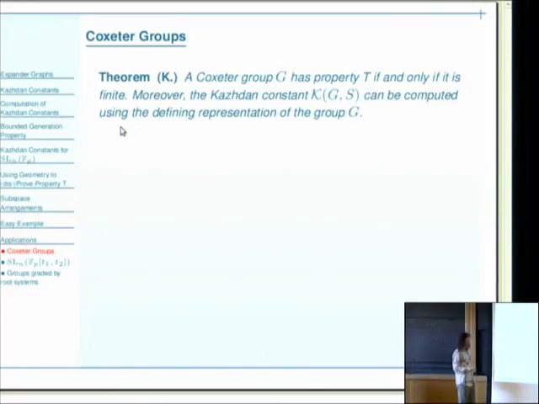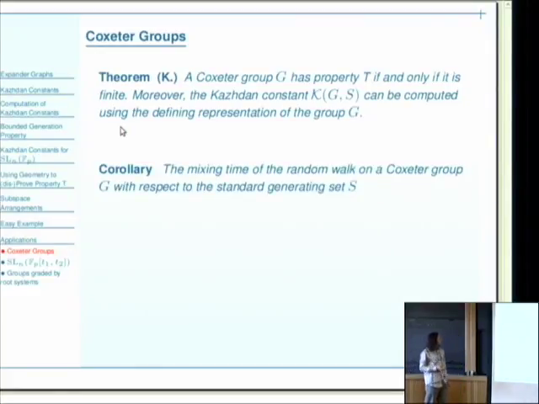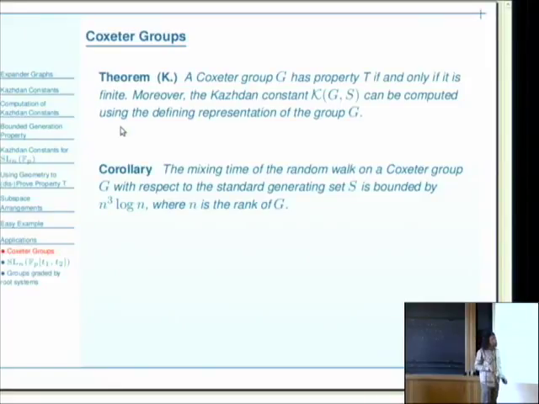The bound that comes from this representation is exactly the bound which comes from this kind of game with matrices and eigenvalues. For example, if you take a random walk on a Coxeter group, say the symmetric group, you can estimate the mixing time is going to be like n cubed log n. It's not the best one, but it's very close to being the best one. Actually, no, I think this is the best one.